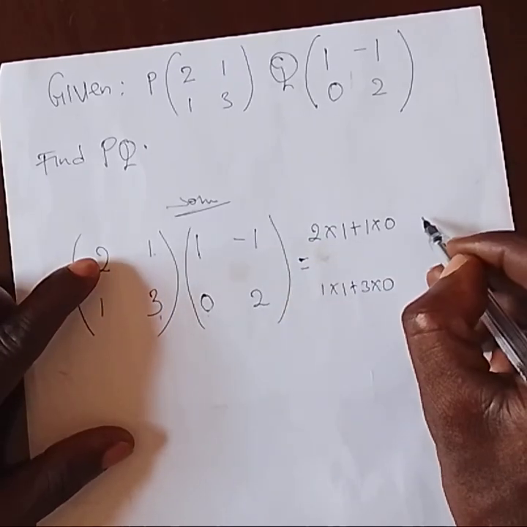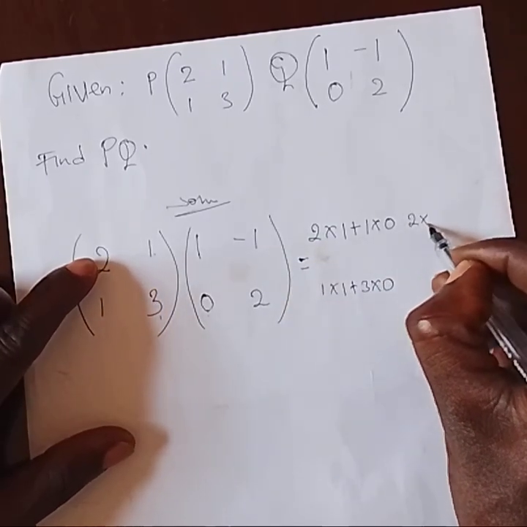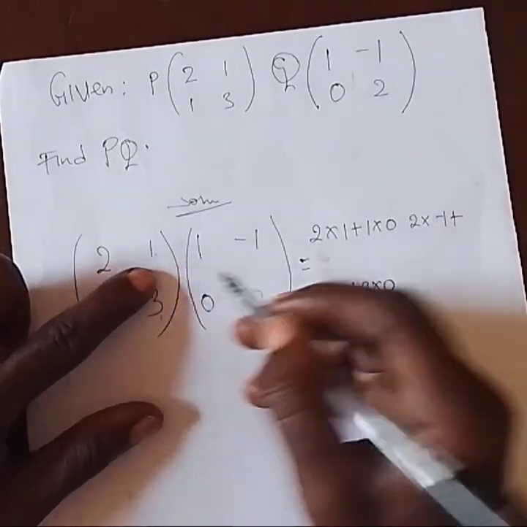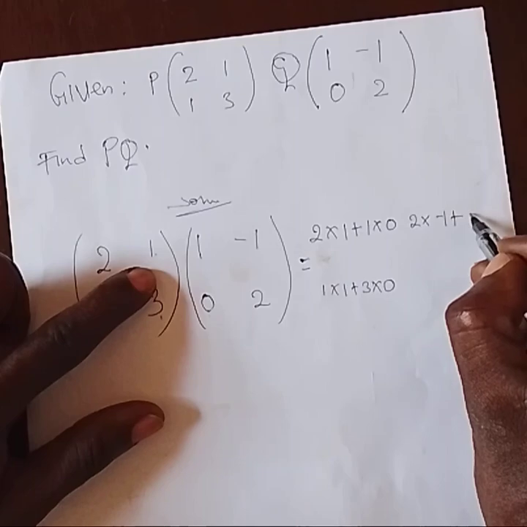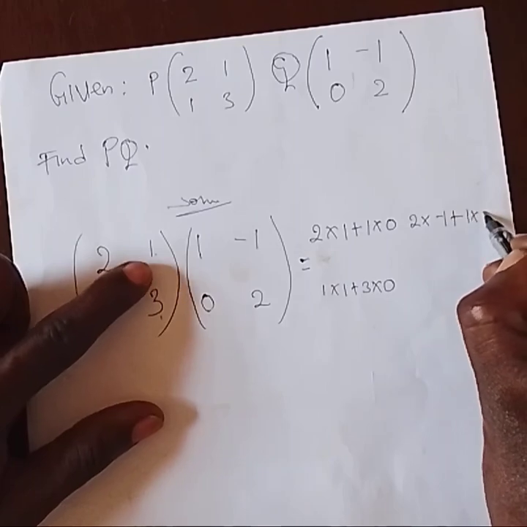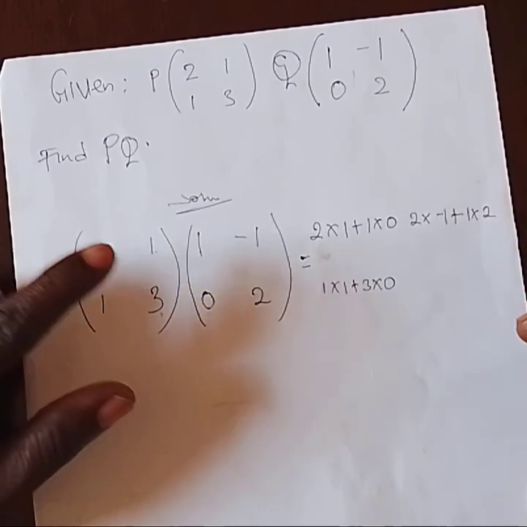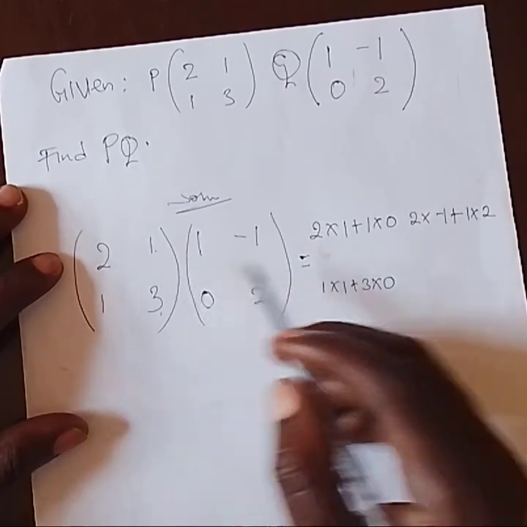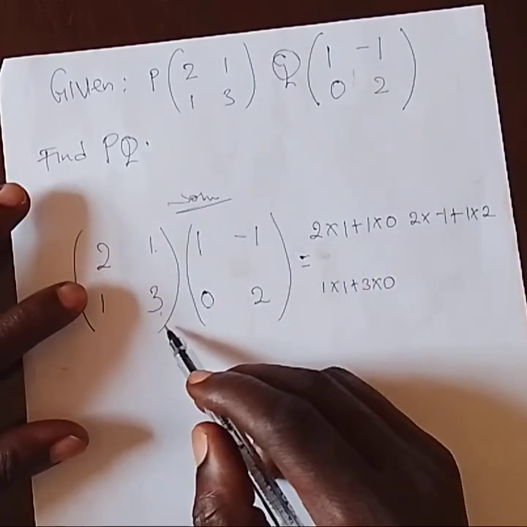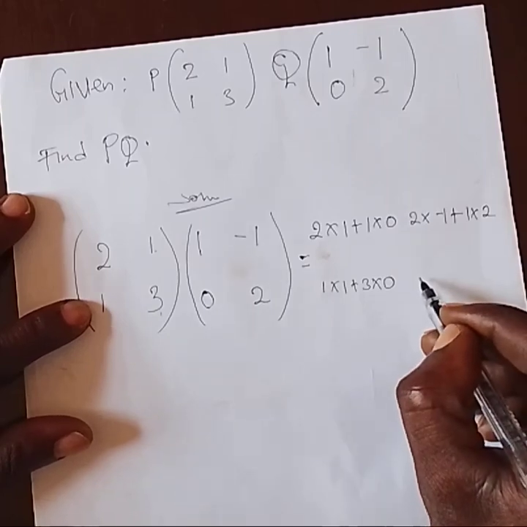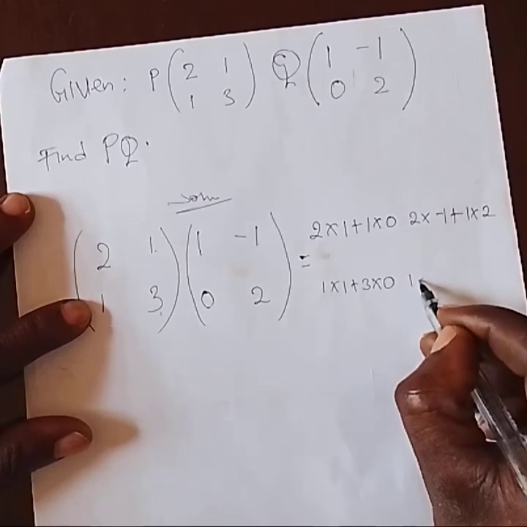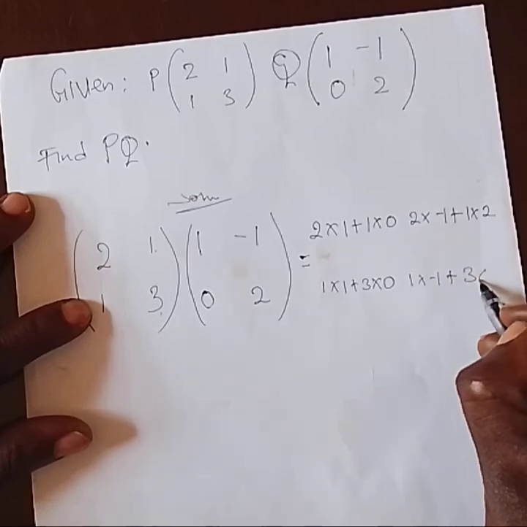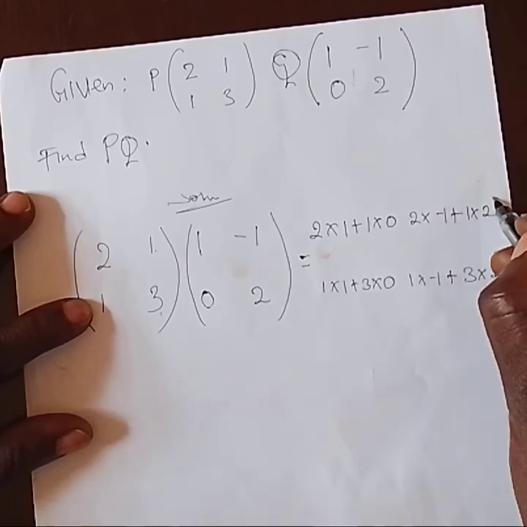Here we shall have 2 times -1 plus 1 times 2. You multiply the same way you did from the beginning. Now we go to the down row. We have 1 times -1 plus 3 times 2.